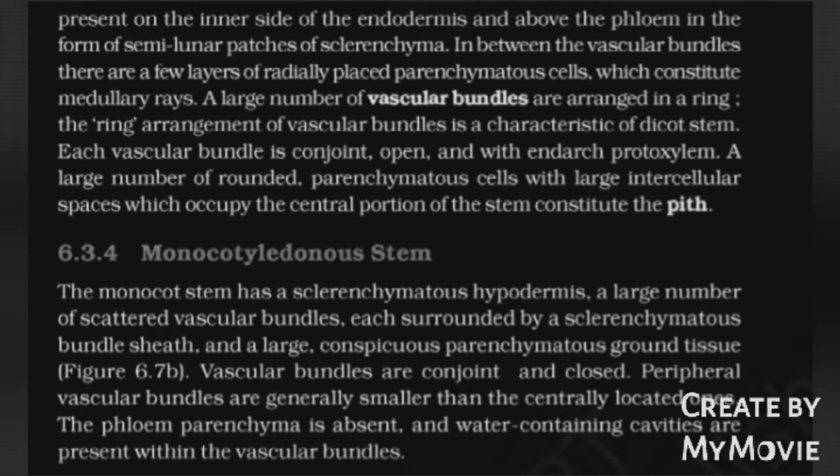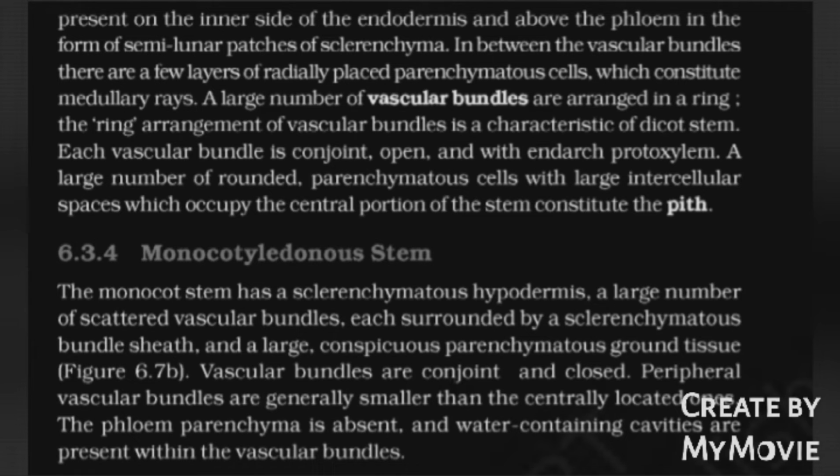The large number of vascular bundles are arranged in a ring. The ring arrangement of vascular bundles is a characteristic of dicot stem. Each vascular bundle is conjoint, open, and with endarch protoxylem.